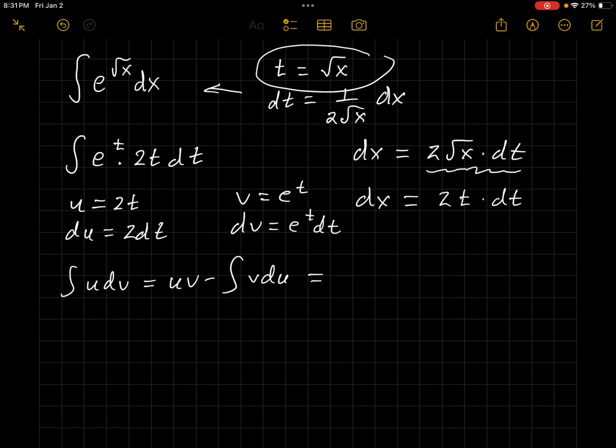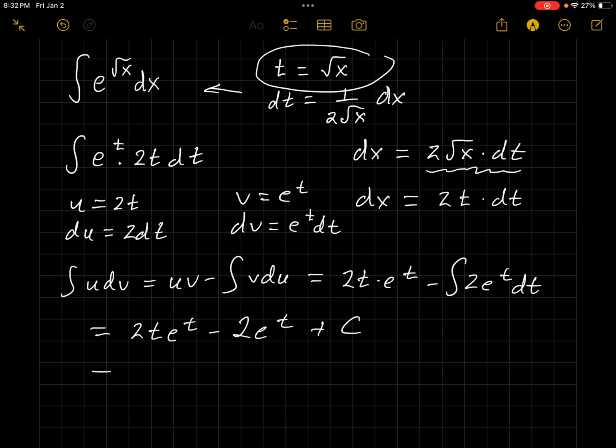I will plug in. uv is 2t e to the t minus the integral of v du, so 2 e to the t dt, which gives me 2t e to the t minus the integral of 2e to the t, which is 2e to the t. Put plus c now.